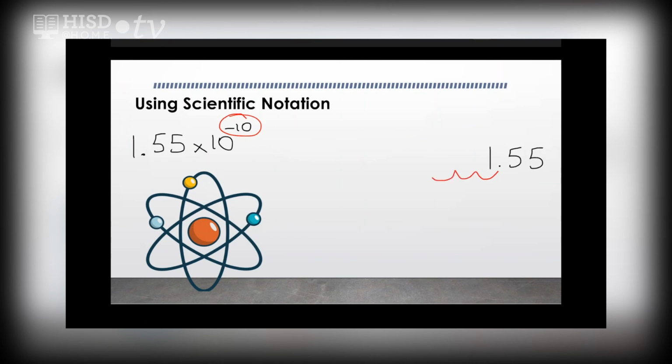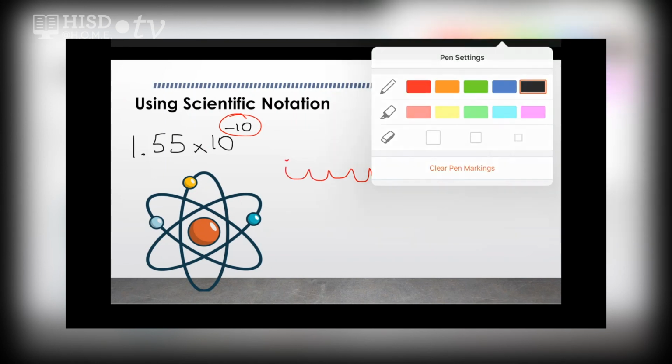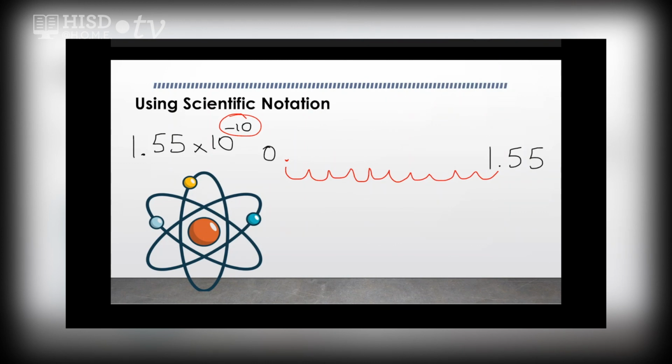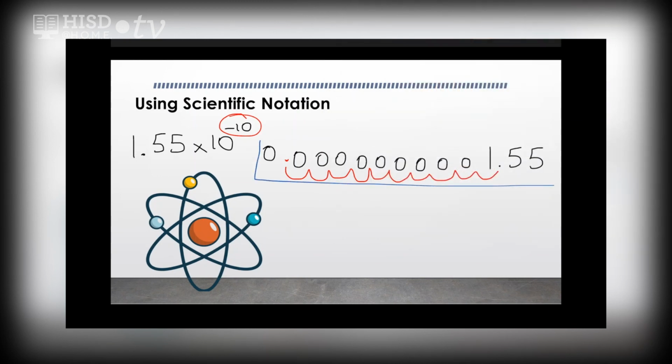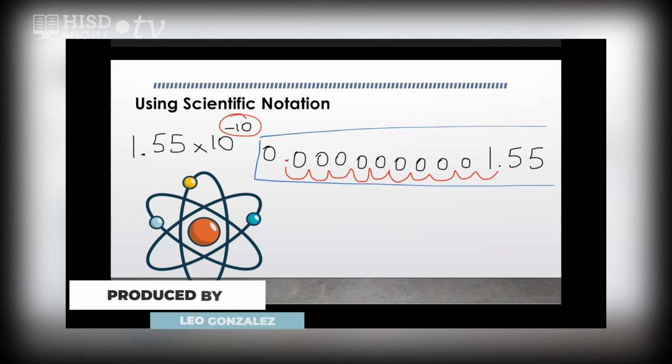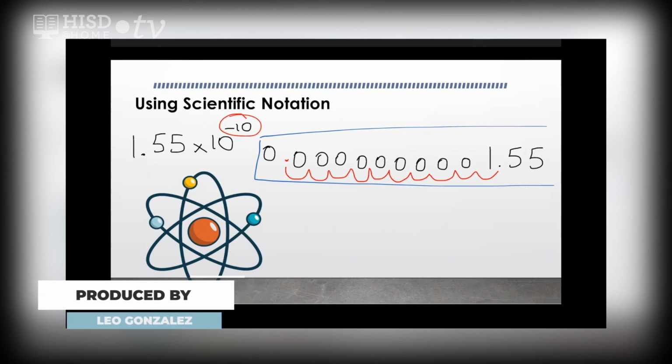So I'm going to start 1, 2, 3, 4, 5, 6, 7, 8, 9, and 10. And then my new point is going to be right here. And remember, you just had to fill out the spaces with zeros. That means this should have been your answer for the radius of a mercury atom.